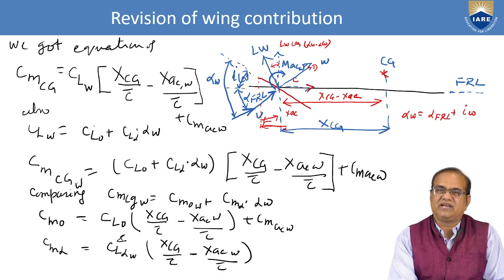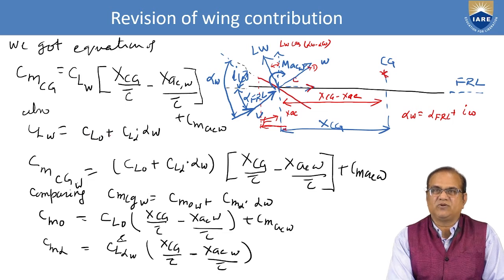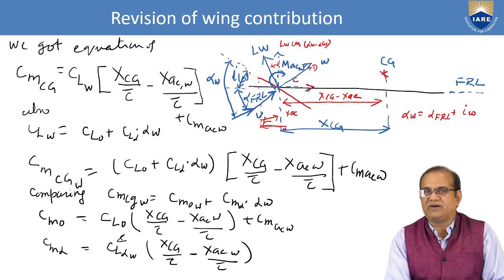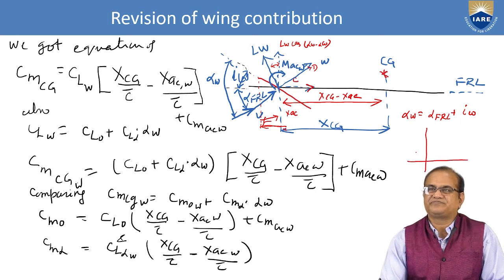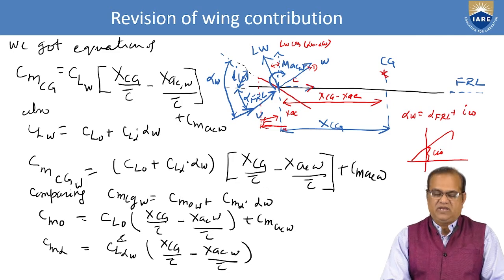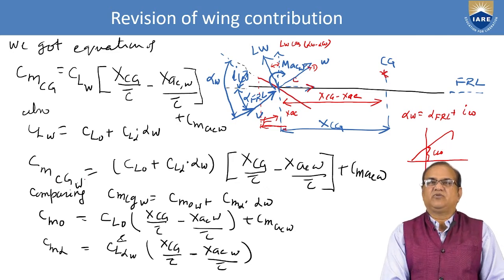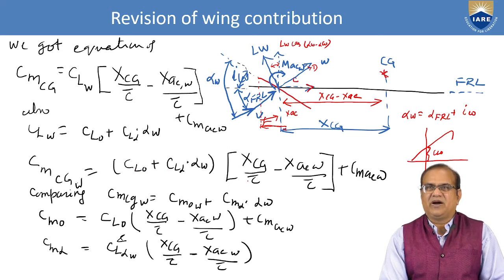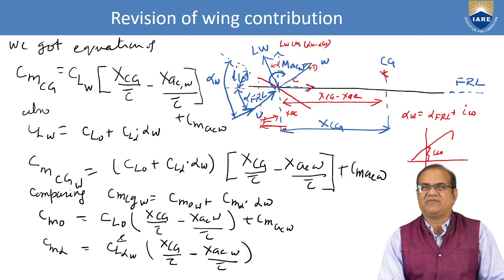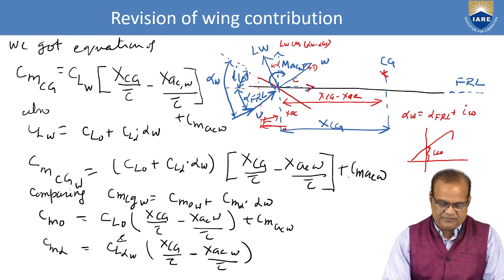Also, CLW here is equal to CL naught plus CL alpha into alpha W. We can see here that this is the CL naught, and then here it goes CL alpha into alpha. In the same way, CMCGW is equal to (CL naught plus CL alpha into alpha) times (XCG by C bar minus XAC by C bar) plus CMACW.